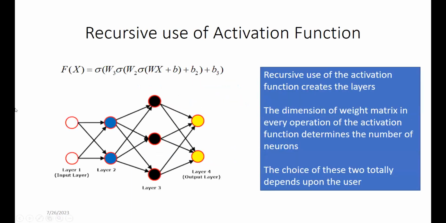Capital F(xi) is nothing but the complex function created by the recursive use of the activation function, which you can see here. So if you recursively keep on using this activation function, it will create a very complex function which will involve weight matrices and the bias vectors.